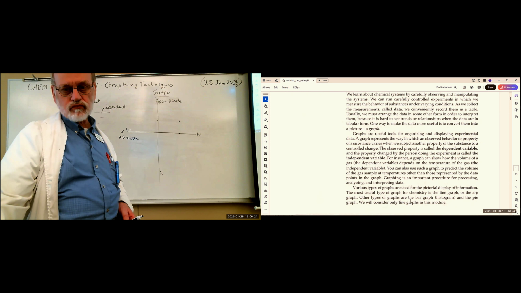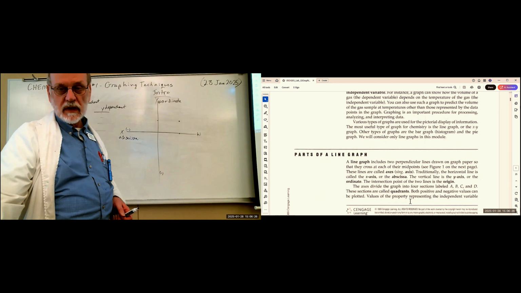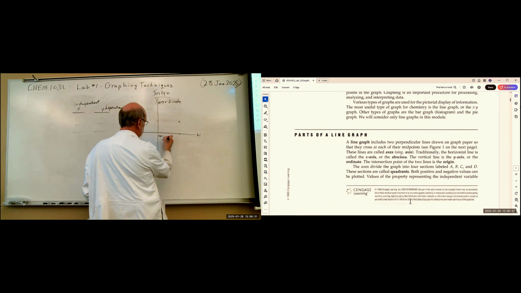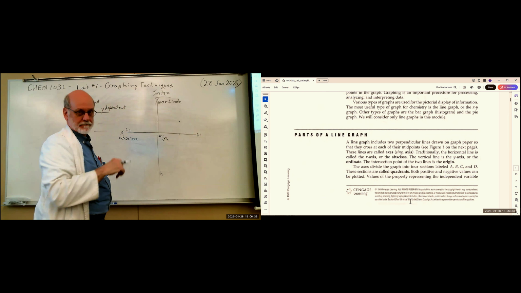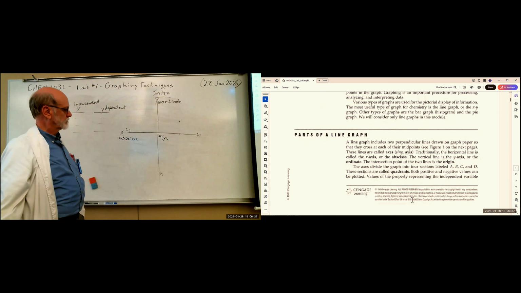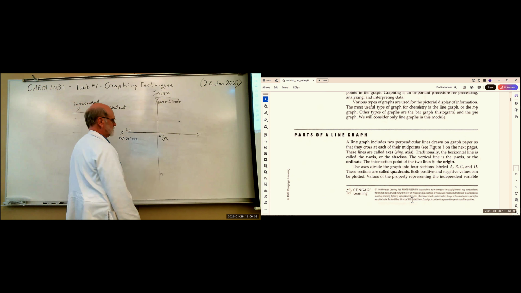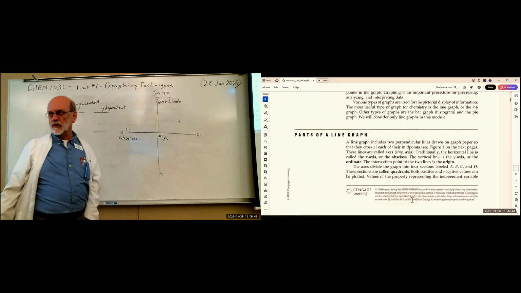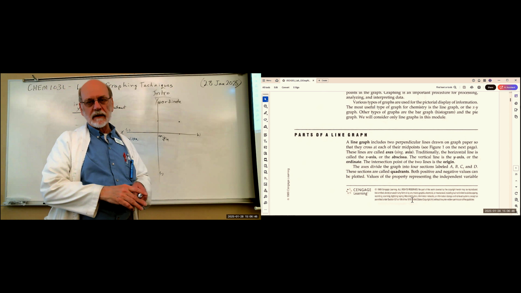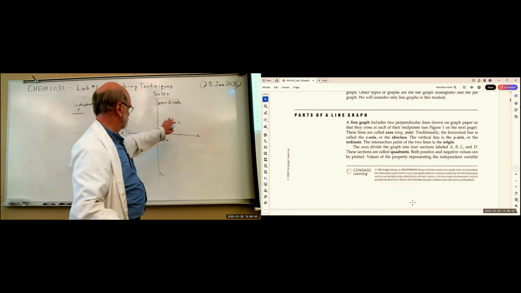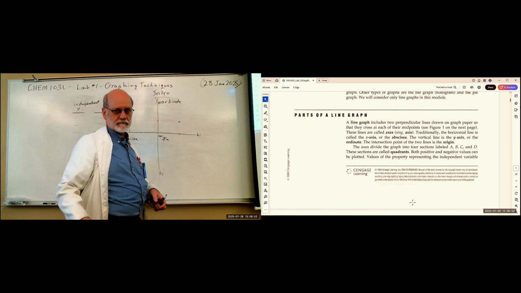Well, okay, this is called the origin, just to be complete. And some graphs go through the origin. Most of them don't. Most of them cross the y-axis somewhere. We call that the y-intercept. And these quadrants, that's what these are, 4 quadrants.